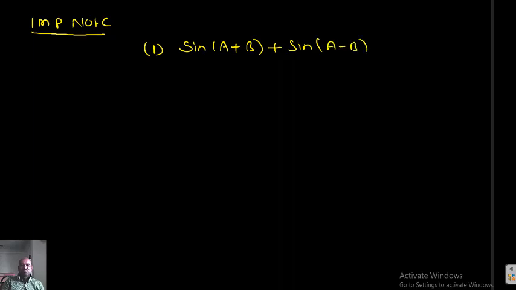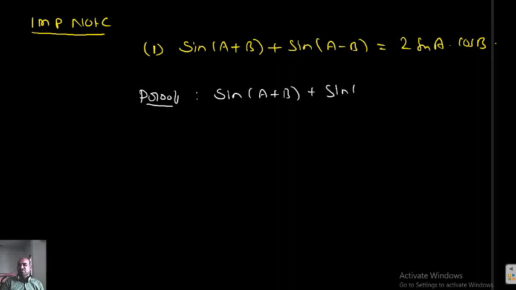Next, important note. First one: sin of (A plus B) plus sin of (A minus B) equals 2 sin A cos B. Proof: sin of (A plus B) plus sin of (A minus B). Sin of (A plus B) means what?